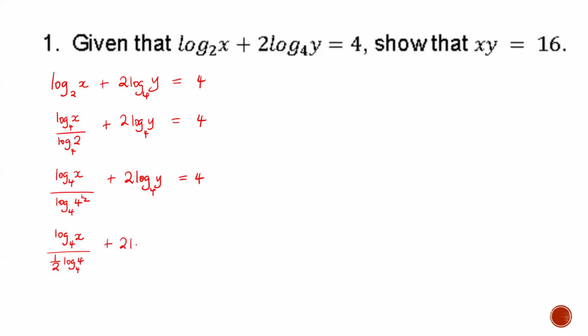But we know that the log of 4 to base 4 is 1. Because we know that it is 1, then we'll have the log of x to base 4 divided by a half, which is the same as twice the log of x to base 4. And now we have this being added to twice the log of y to base 4, and that is equal to 4.